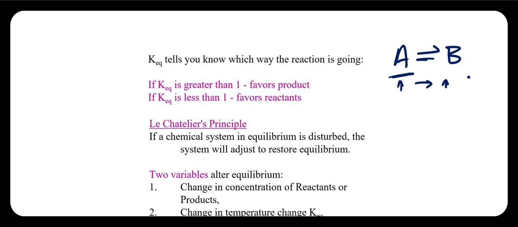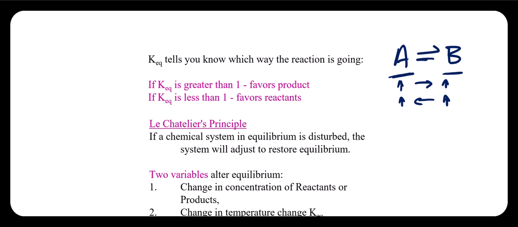Or I'm in equilibrium, I add more B. That'll cause my reaction to reverse and make more A. So some of the B will go over and make more A. So again, I end up with more of both.